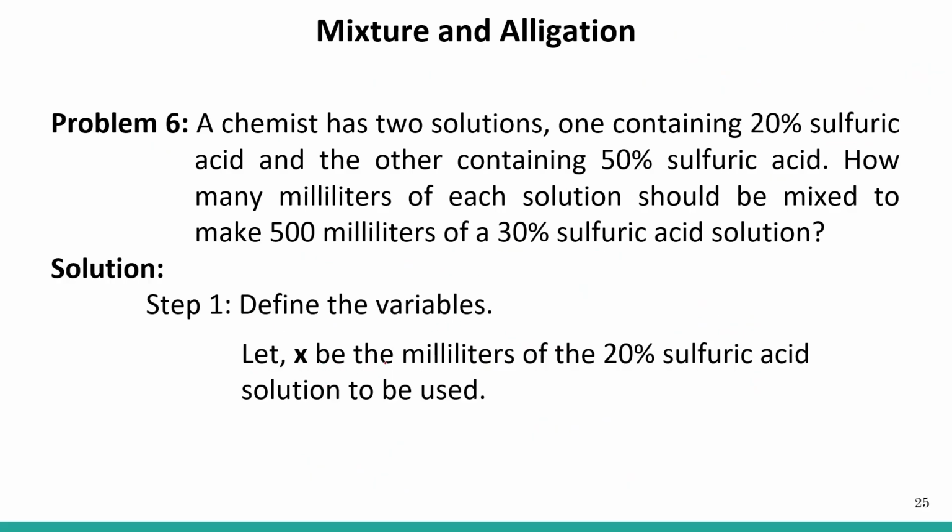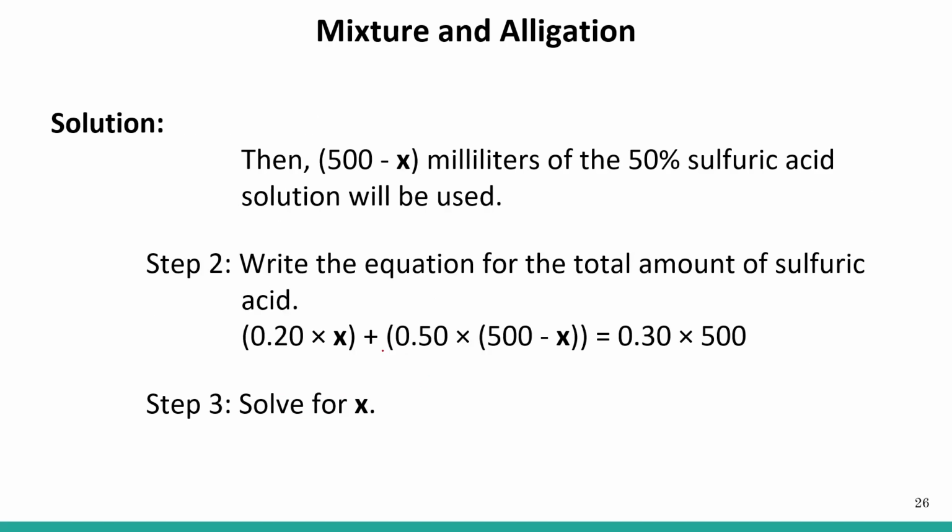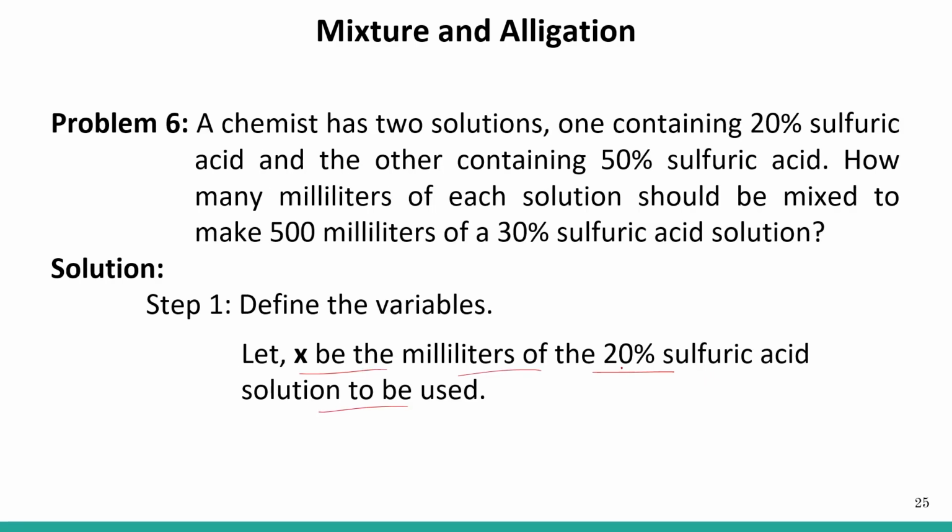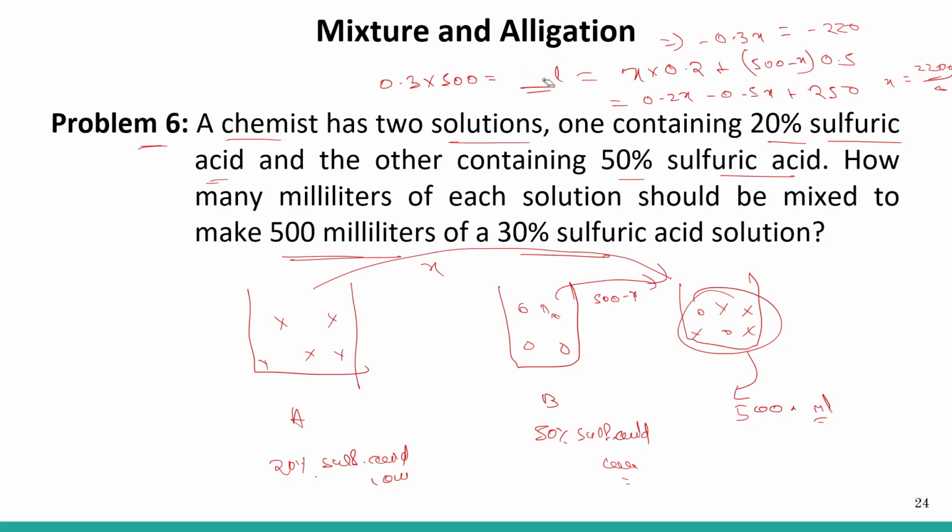So let's go forward and see the solution. So let X be the milliliters of 20% sulfuric acid solution. Okay, so 500 minus X milliliters from the 50% sulfuric acid would be used. So write the equation for the total amount of sulfuric acid. Okay, so this will be equal to 150, right? So this should be 150 right here.